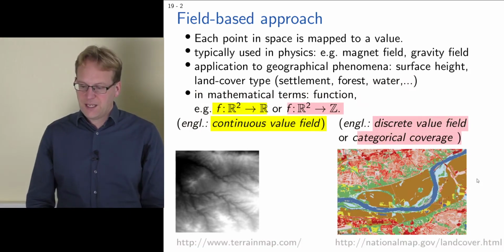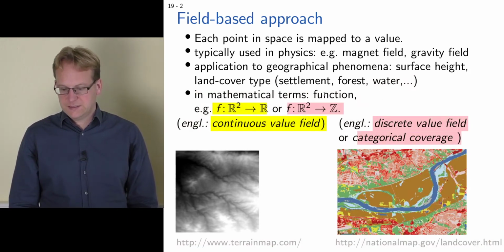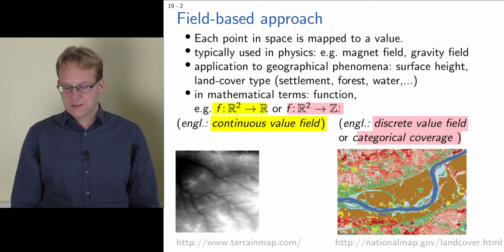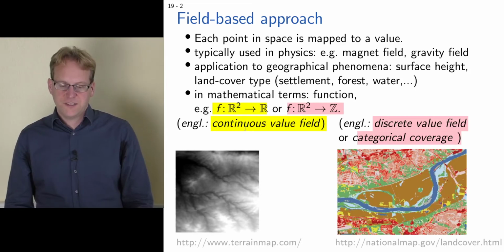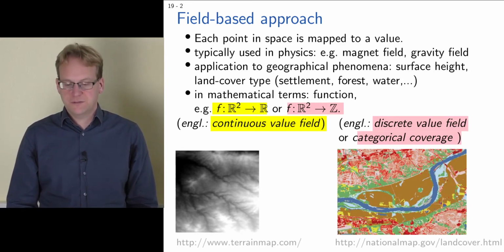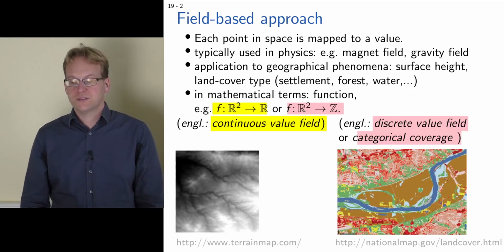And, well, that is our function f. On the other hand, this one here, which is probably more natural, like the magnet field or gravity field, are usually these continuous value fields where we have real values.